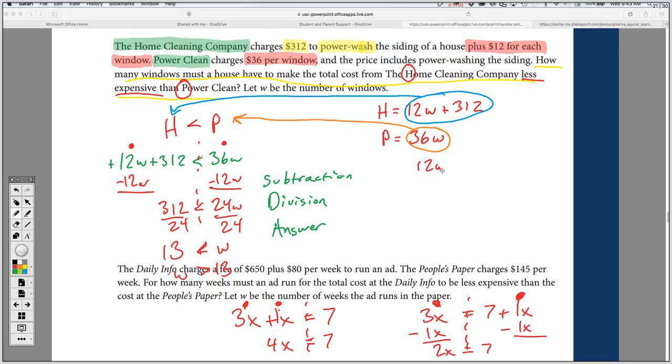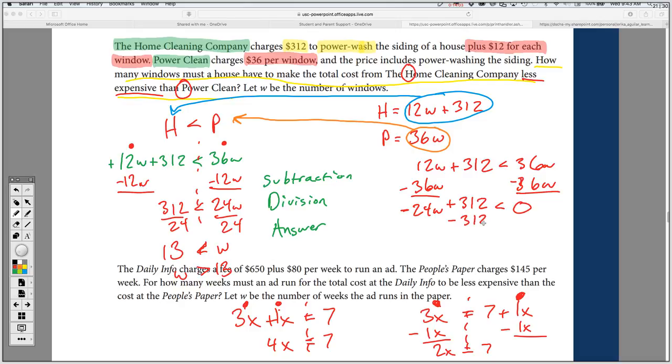I would still get a 24W, but then I would get a negative 24W. So then you'd have negative 24W plus 312, and you'd have to subtract the 312 here. So this one would make it negative 312 less than negative 24W.